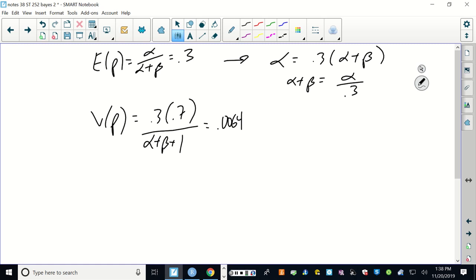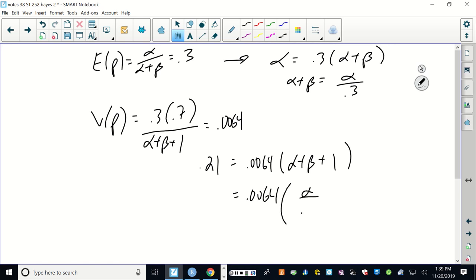If we multiply this over, 0.3 times 0.7 is 0.21, and then it's 0.0064 times alpha plus beta plus 1. Here we have alpha plus beta, so if I put that in there, that's just alpha over 0.3 plus 1. And now I have an equation with just alpha in it.